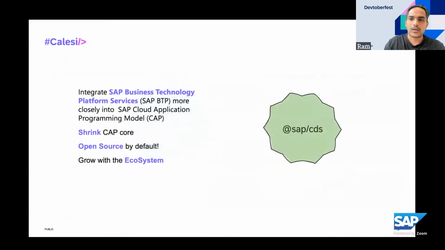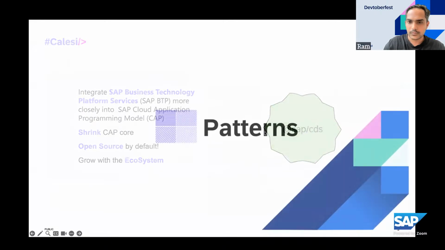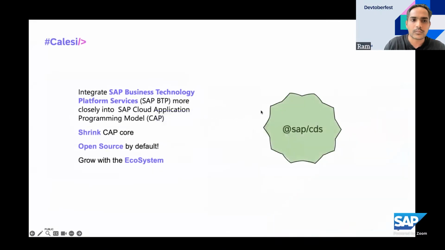We already had one such initiative in SAP, basically to build all the integrations with business technology platform services, and that's Calesi, where we focus mainly on shrinking the CAP core with the main functionalities that are required, and then build the plugins around it.